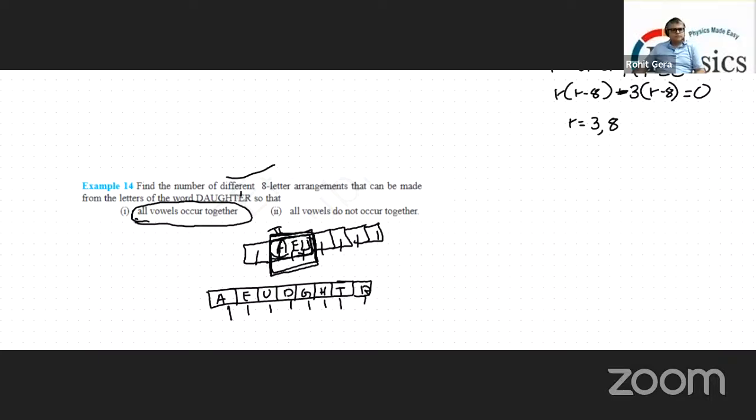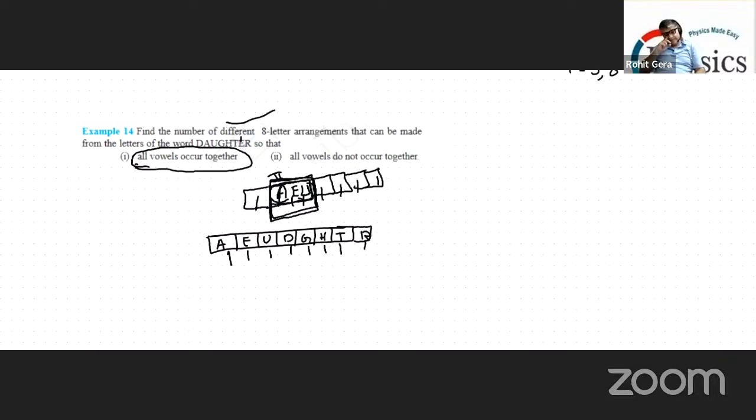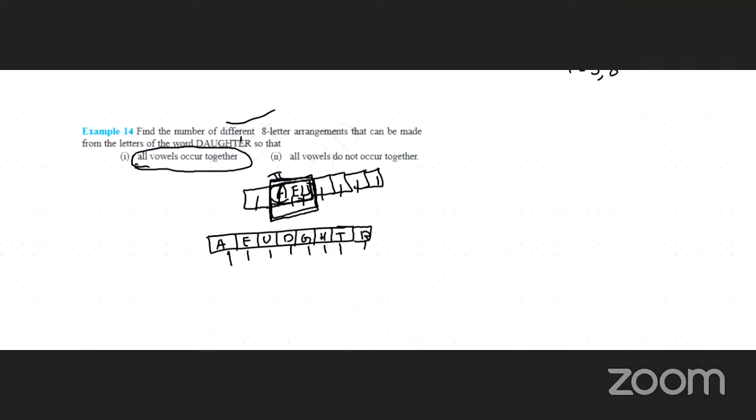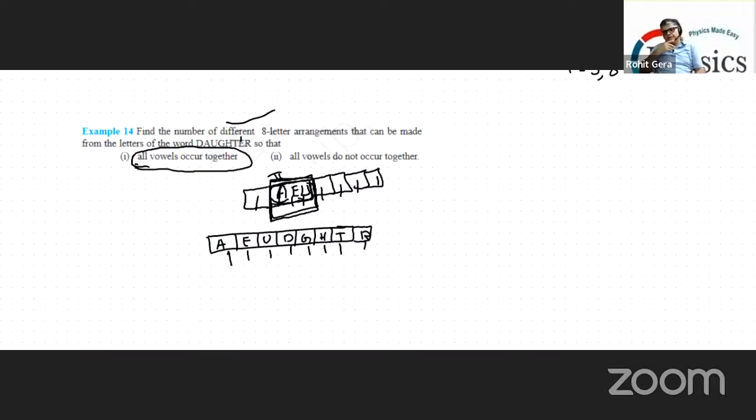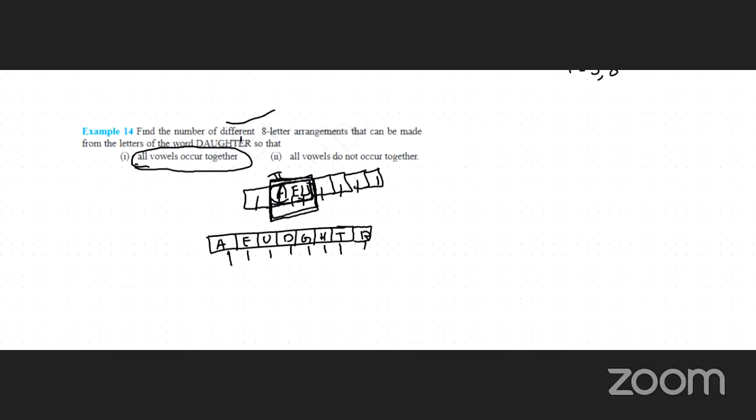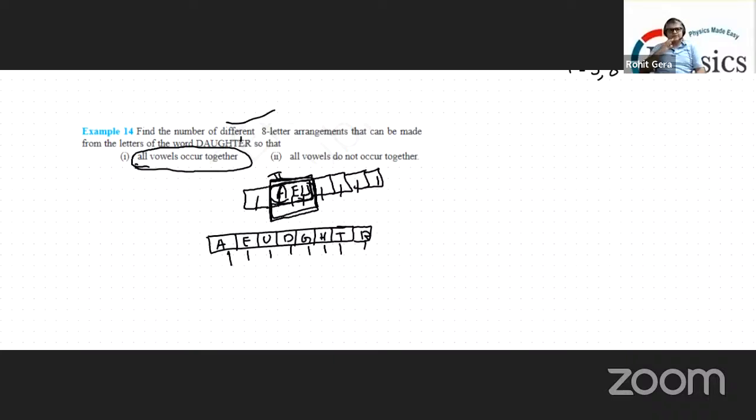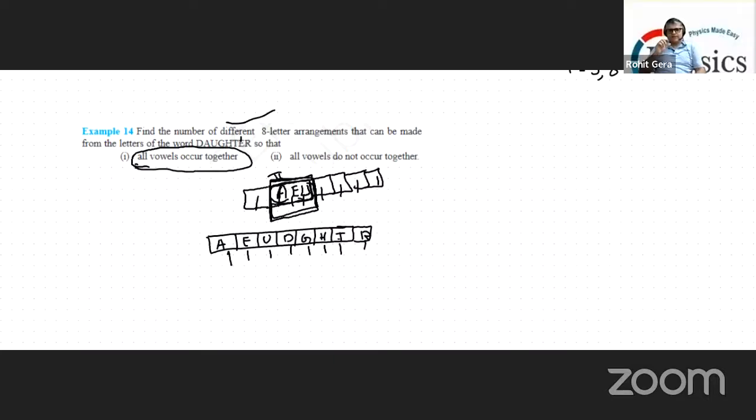3 factorial into 5 factorial. So you're saying that 5 factorial are the others, and the other 3 places, which is the 6th place, is actually made up of 3 letters, because they have to be together.